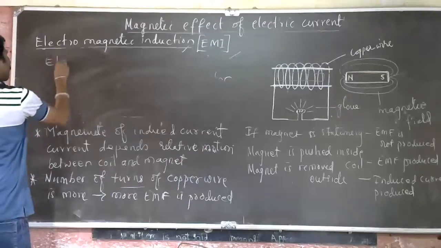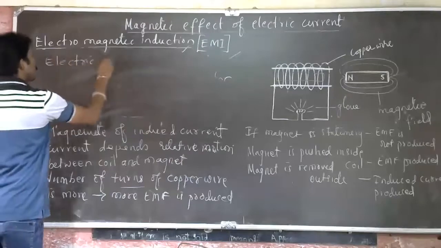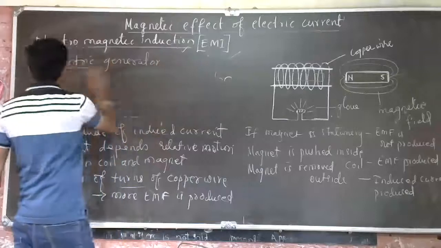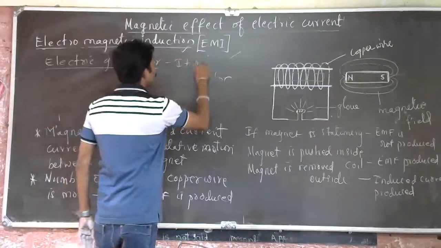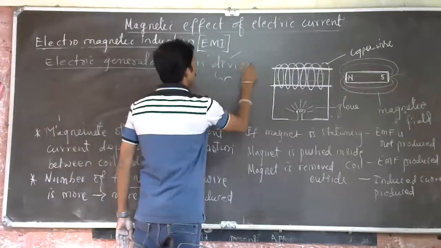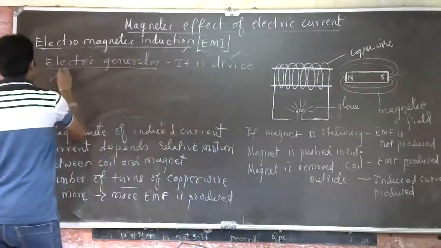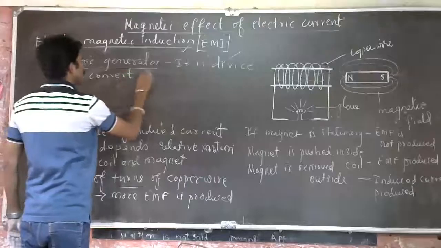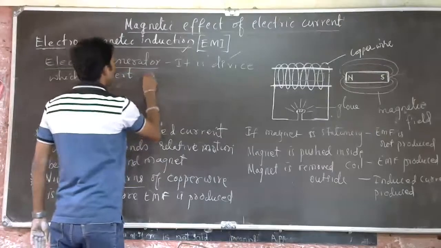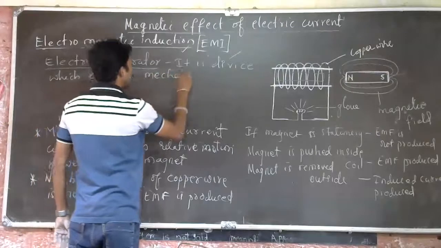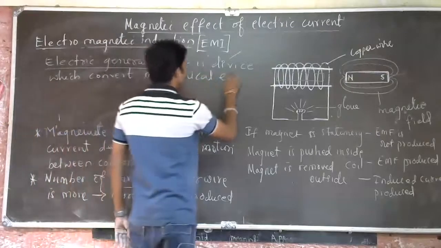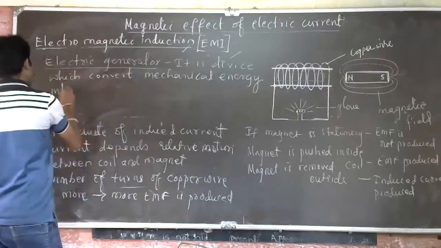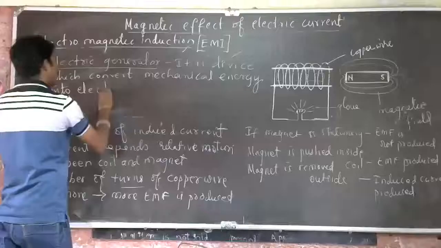So, electric generator: it is a device which converts mechanical energy into electrical energy.